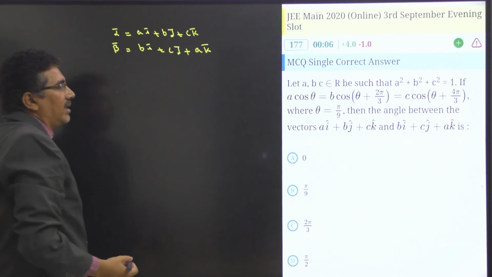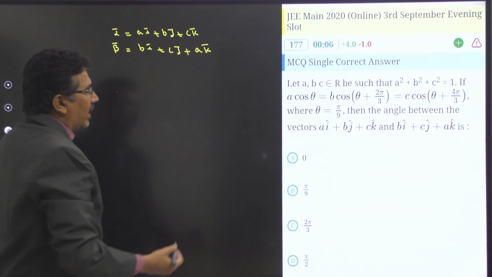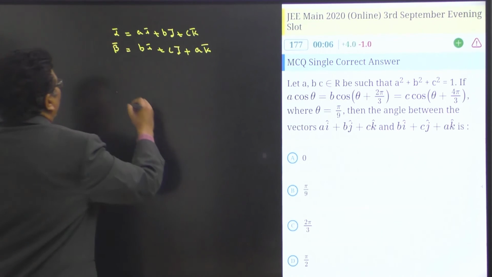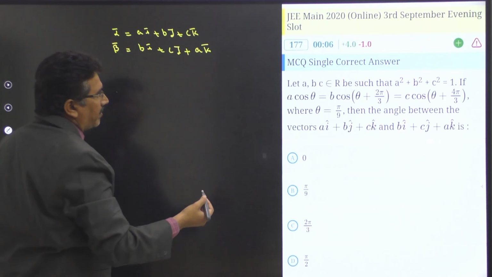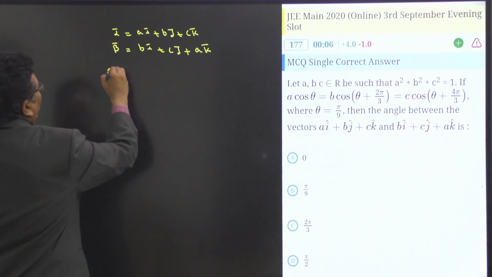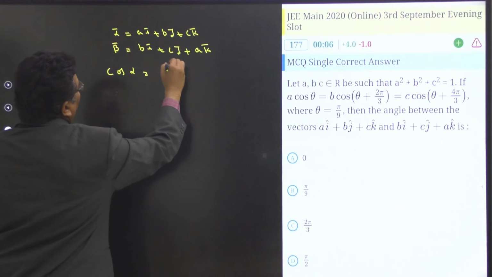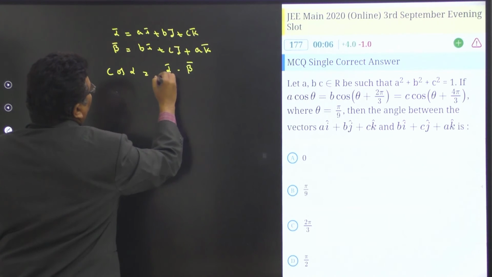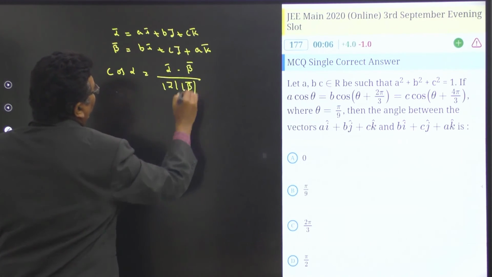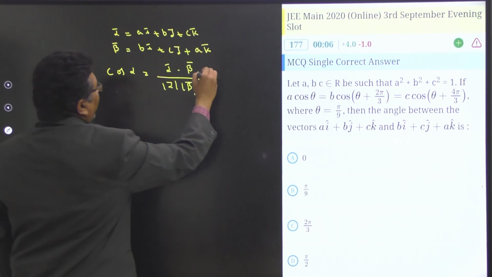These are the 2 vectors alpha and beta. Let alpha be the angle between these 2 vectors. Cos alpha is equal to alpha bar dot beta bar by mod alpha bar into mod beta bar. What is alpha bar dot beta bar?